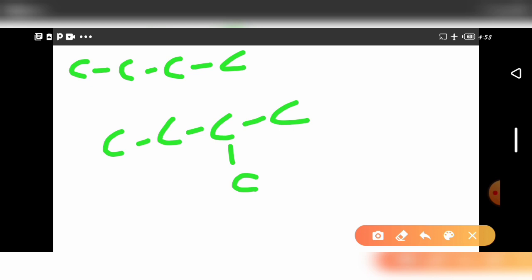First you have to identify how many carbons there are. From this side or this side you have to count. First we go from this side: first carbon, second carbon, third carbon, fourth carbon. Here also first, second, third, fourth carbon. So this also has 4 carbons in the long chain.